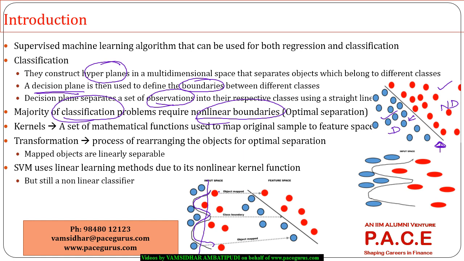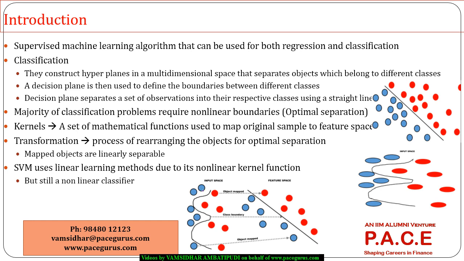Now, what happens when such a non-linear relationship exists between the values is, there is some kind of mathematical function, like logarithm or exponent. Some kind of mathematical transformations are performed on these observations, so that after executing that mathematical function, we get that they are linearly separated.